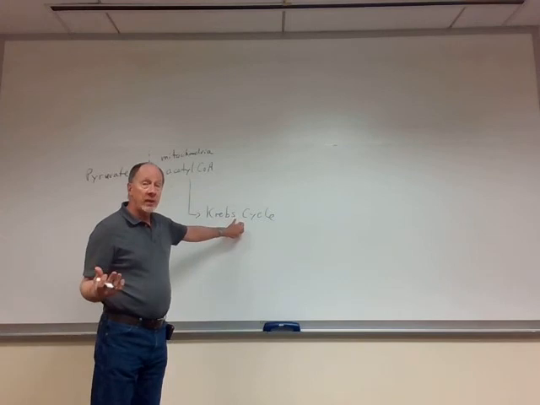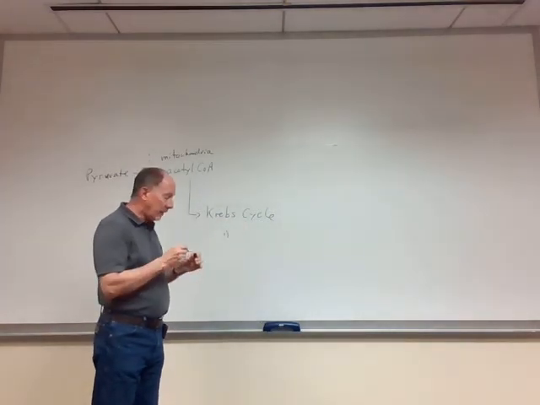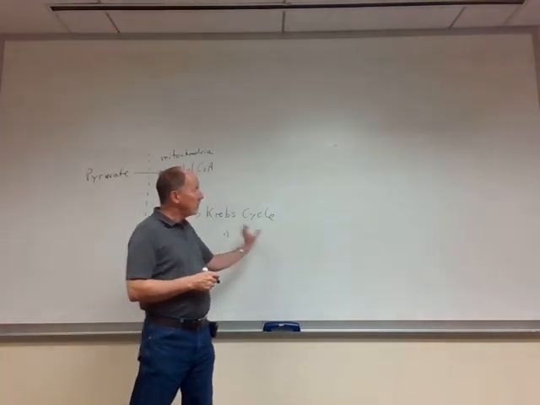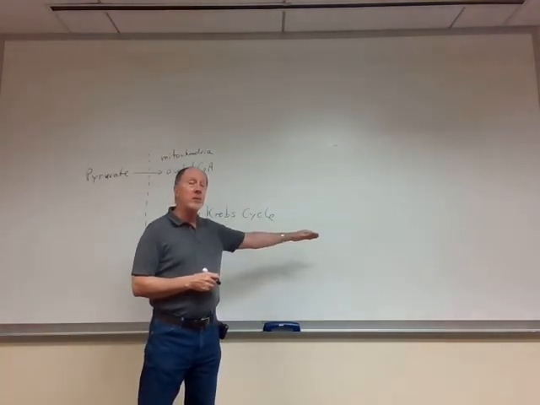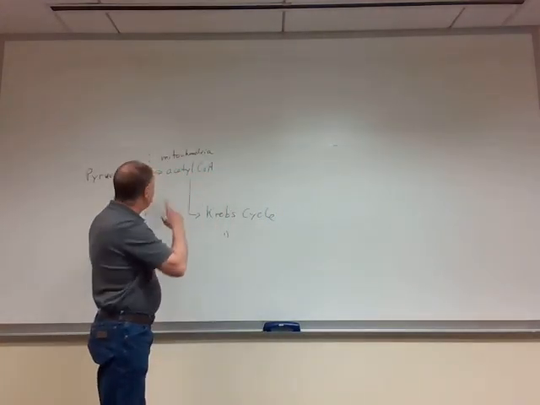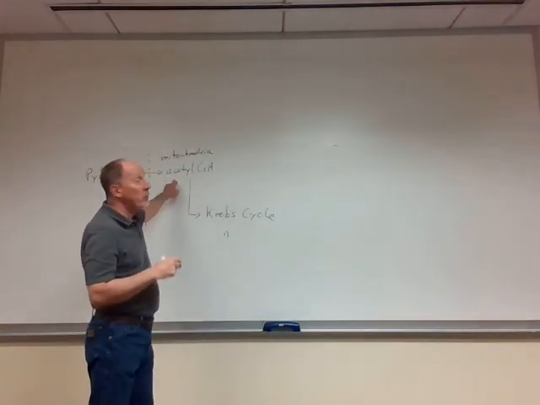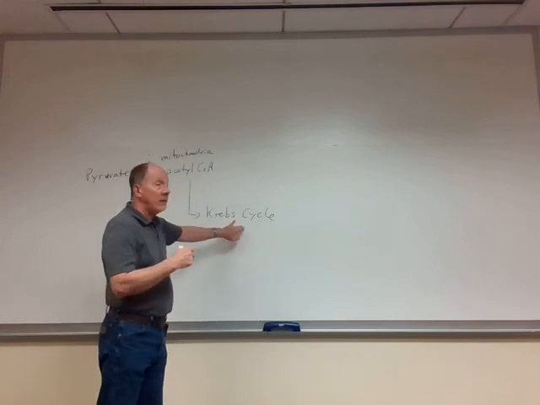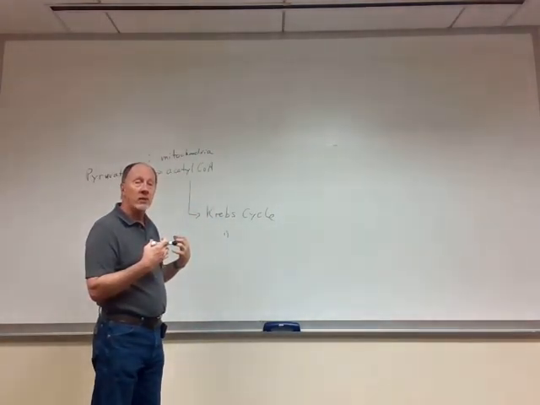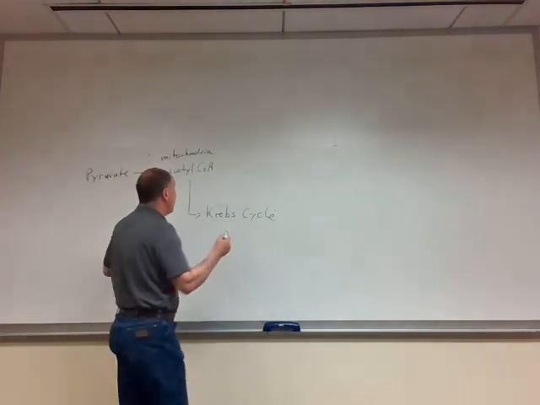Again, energy transfer is going to take place. In glycolysis, we started with glucose, and we took some of that energy, we made some ATP, we made an NADH, and we made the pyruvate. Now we converted it to acetyl-CoA, which is still high energy. And in the Krebs cycle, we're going to extract even more energy out of the molecules as they are produced.